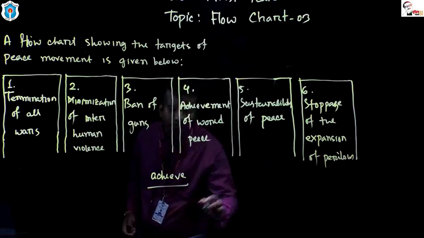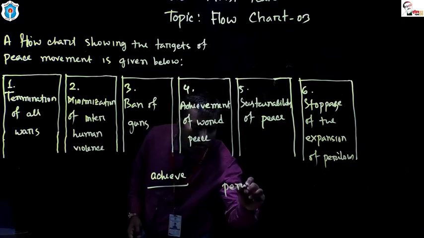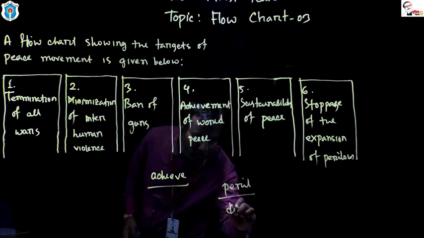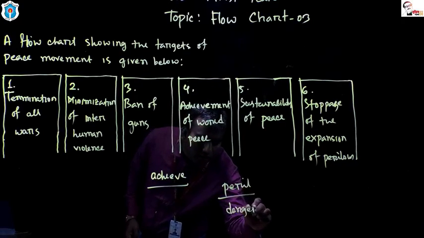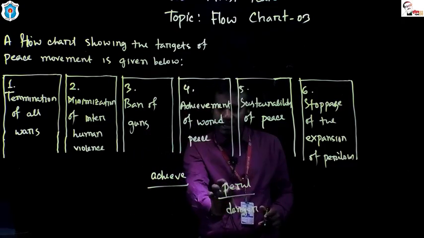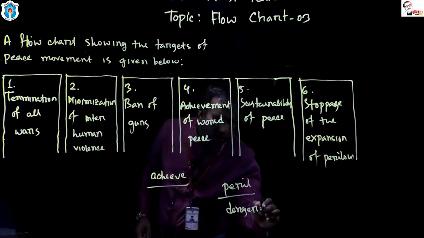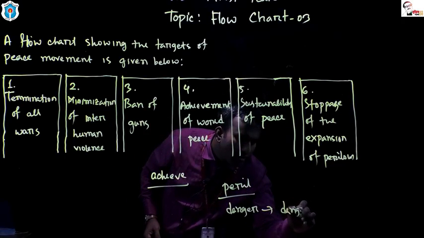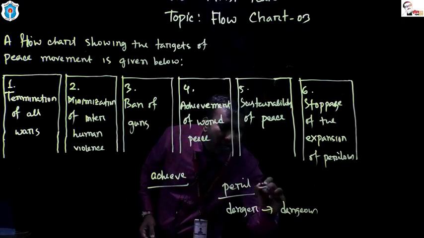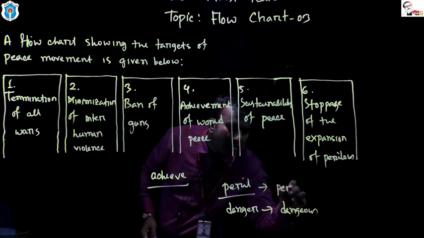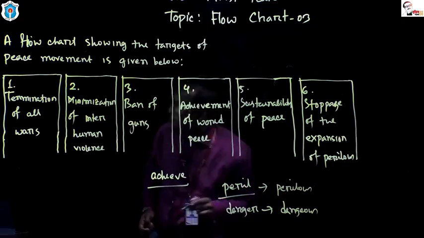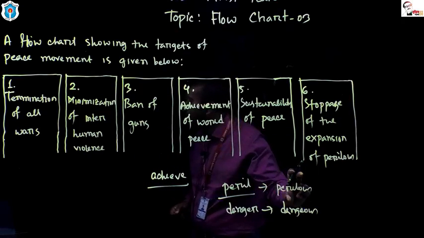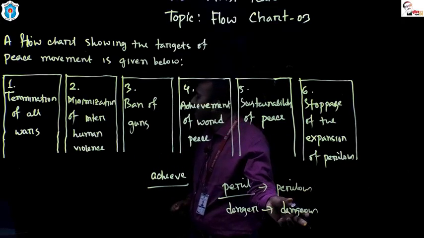Perilous means peril. Peril means bipod in Bengali. The synonym of peril is danger. The adjective form of danger is dangerous. The adjective form of peril is perilous. So my dear students, I would request you to use perilous. Avoid dangerous, because dangerous is a very common word.